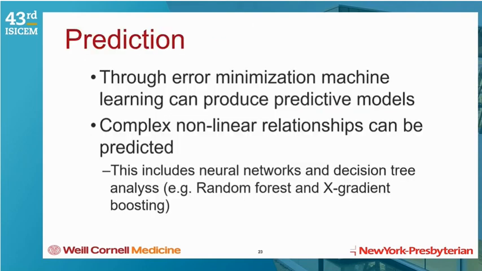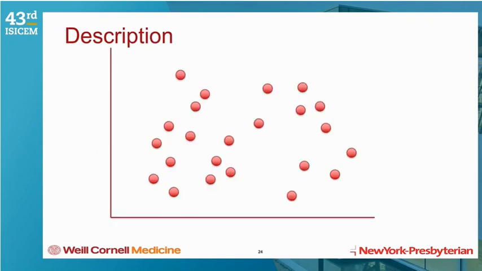All right. To summarize, prediction or supervised machine learning is through error minimization, and it excels at defining complex nonlinear relationships that we don't understand normally. And then the prediction is also things like random forest and XGBoost, which is beyond the scope of this talk.